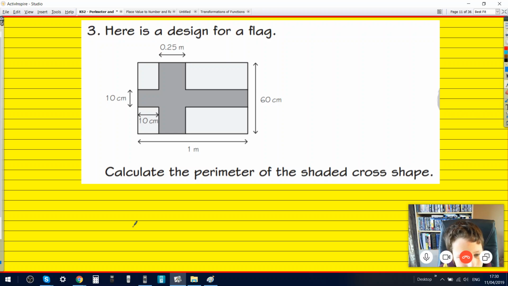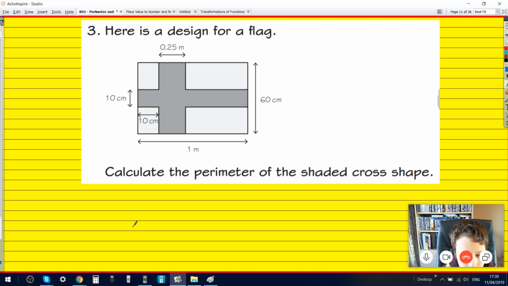So we know that there are 100 centimeters in a meter. So the base of the flag is basically, in other words, 100 centimeters. And it's best that we convert 0.25 meters into centimeters as well.